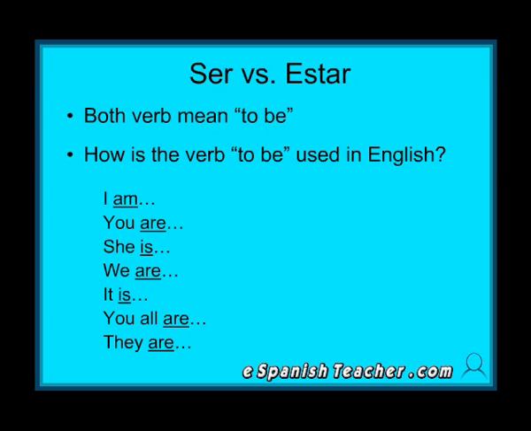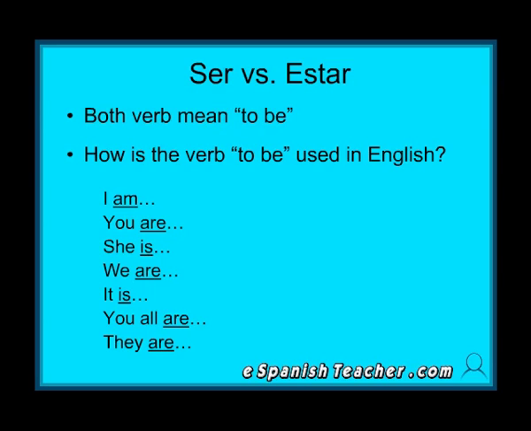I am, you are, she is, we are, it is, you all are, they are. These are very good examples, and keep in mind the reason ser and estar are vague Spanish verbs is because it's very difficult to visualize the verb to be.